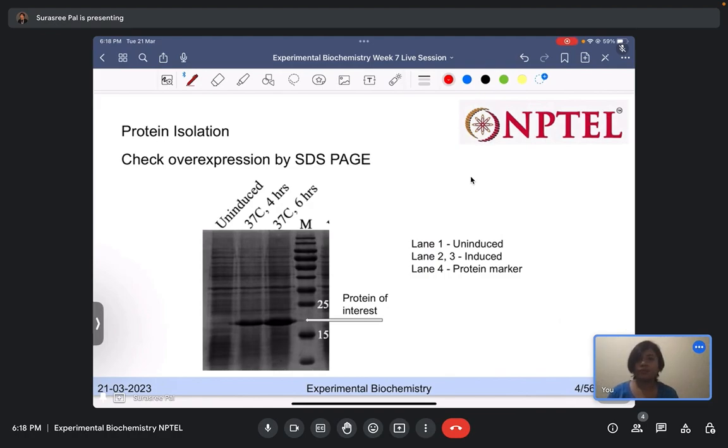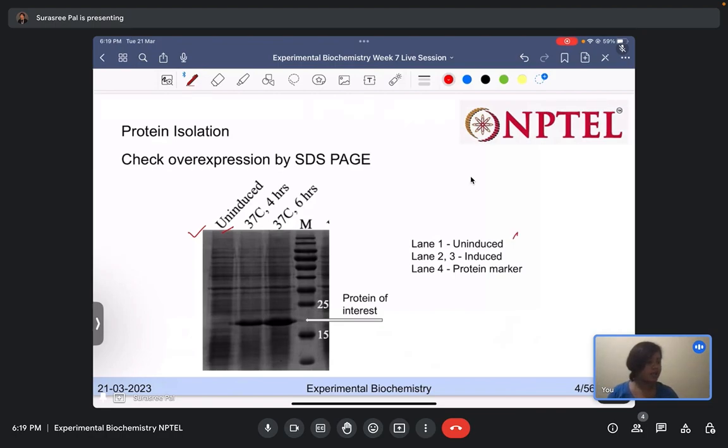Now we run the protein lysates in SDS-PAGE, and we check whether our protein of interest is expressed in high amounts. This is a gel image. You can see that this is an SDS-PAGE image where lane 1 is uninduced, which means it is a control sample where no IPTG was given.